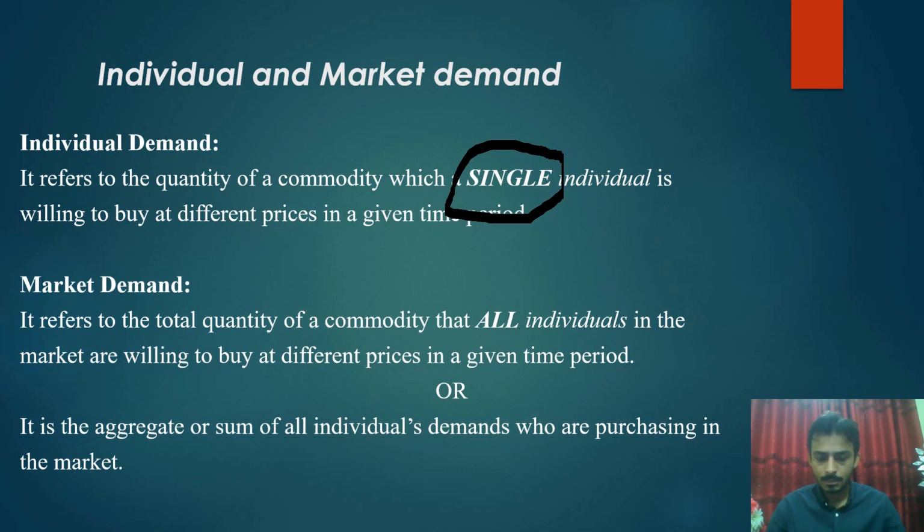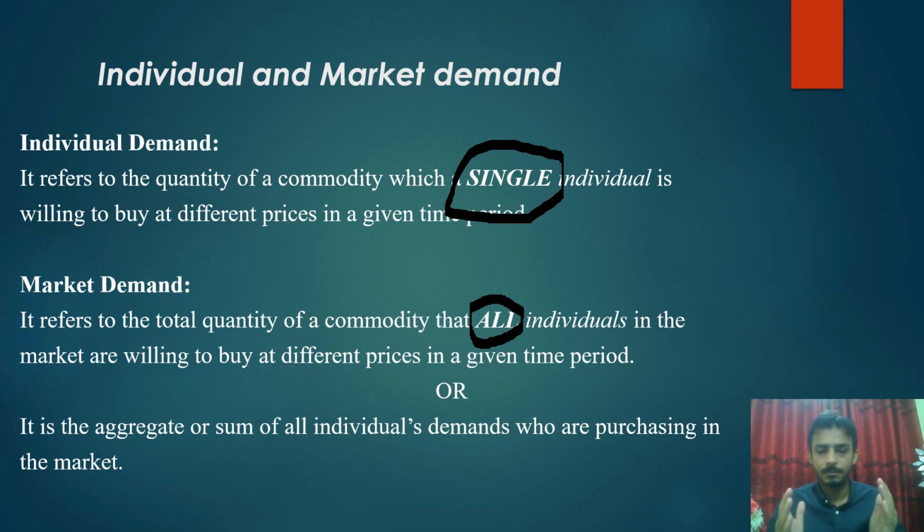And here it is all individuals in the market who are willing to buy at different prices in a given time period. The rest of the definition is the same, but here in market demand we are talking about the aggregate.